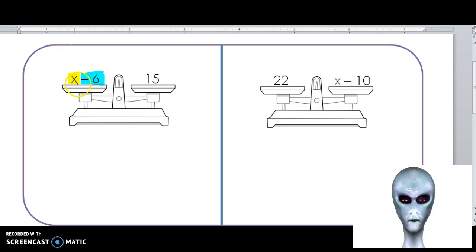So the inverse operation of minus 6 would be adding 6 to both sides. So I'm left with x is equal to 15 plus 6, which is 21.